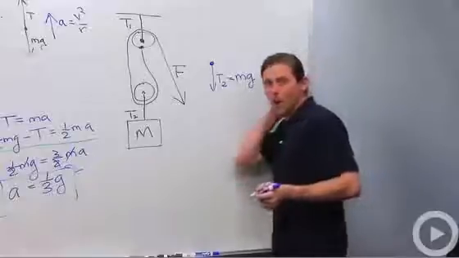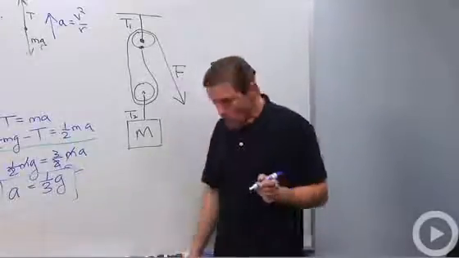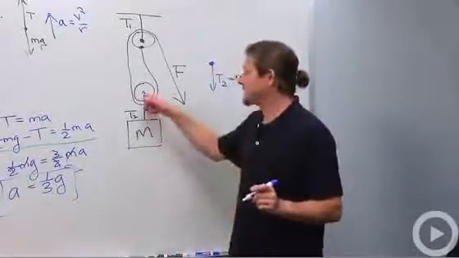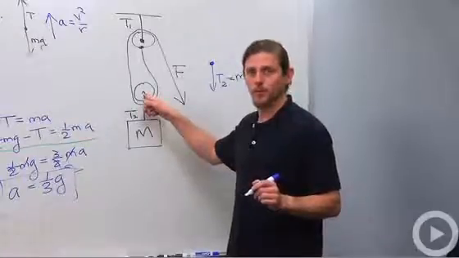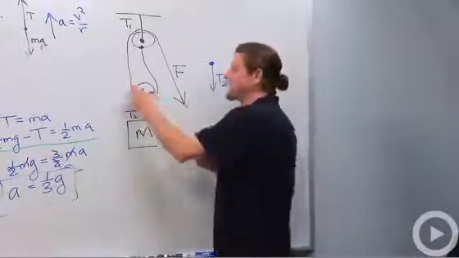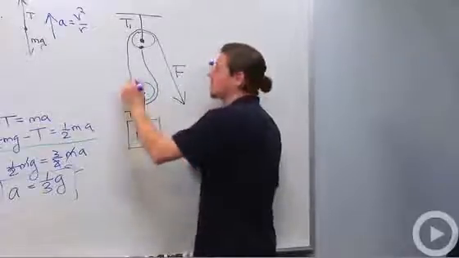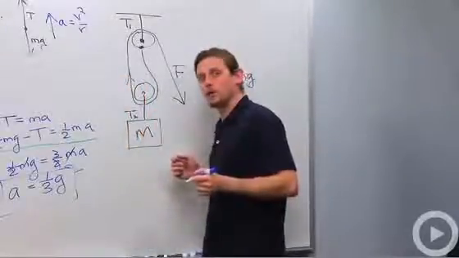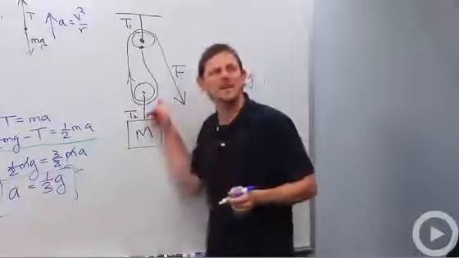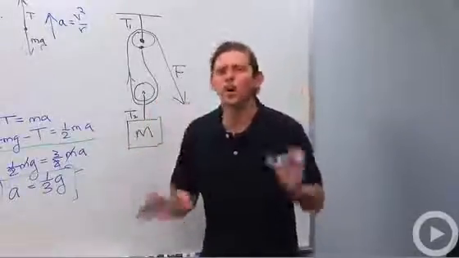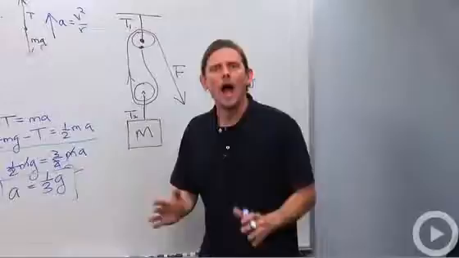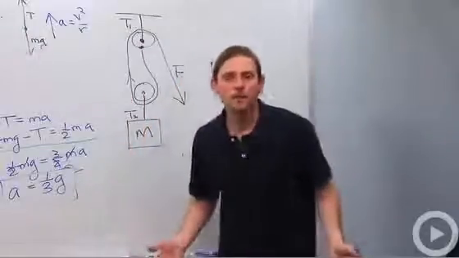All right. Here's the tricky part. What force is acting up on this pulley? Well, the string is here, and strings can only pull. So it must be pulling up. But the string's also here. Now, this is the weird part that throws people off. And they're thinking, well, the string can't pull twice.